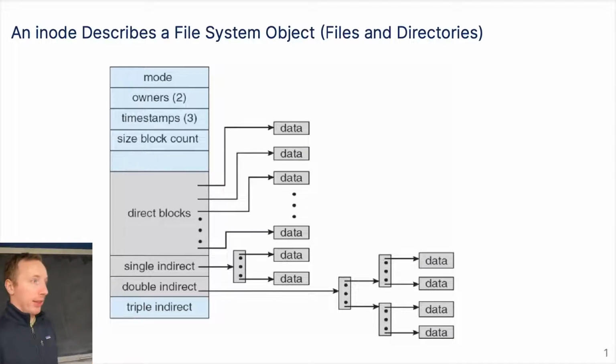So other things it stores are how many blocks the file uses, and then the rest of it is the same idea as indexed allocation. There will be a bunch of pointers to blocks contained within the inode. There will be a lot of direct blocks, which point directly to a block on the disk, and there are a lot of them to represent a single small file.